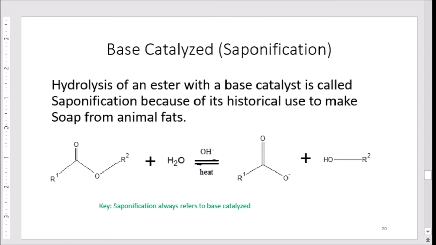Now, basic conditions, we're really looking at breaking this apart using the base catalyst.